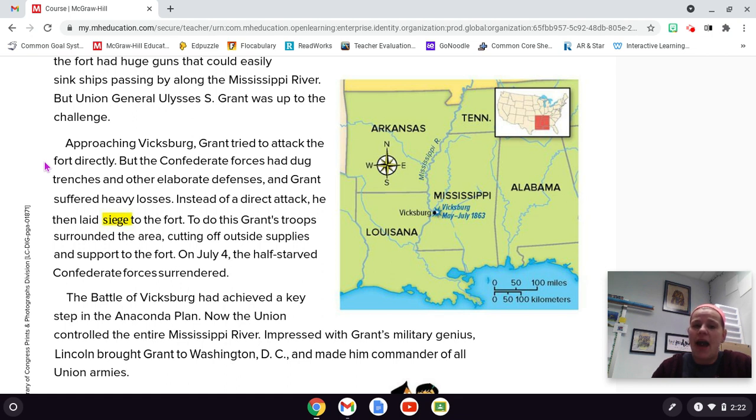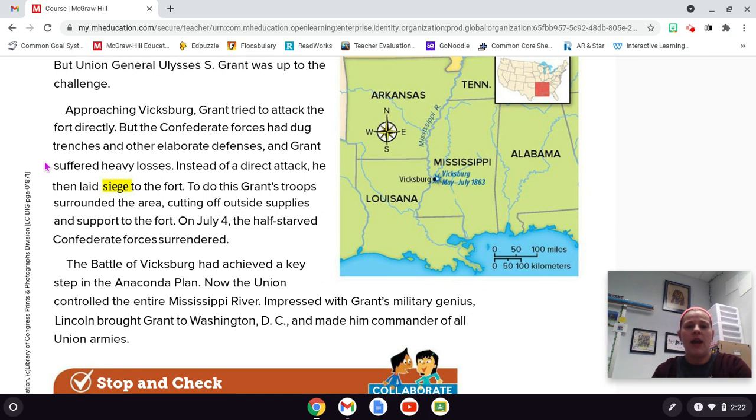Instead of a direct attack, he then laid siege to the fort. To do this, Grant's troops surrounded the area, cutting off outside supplies and support to the fort. On July 4th, the half-starved Confederate forces surrendered.